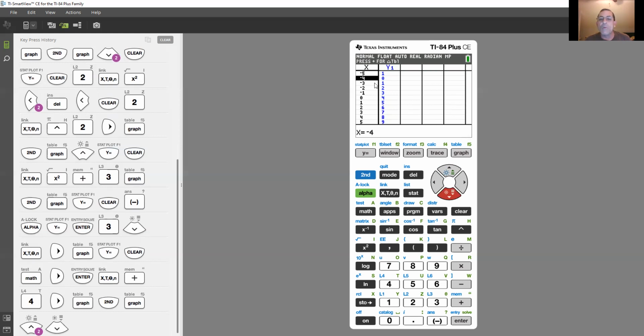And then remember, I only needed one more point. So I'm going to come down here and plot -3, 1. If you wanted to plot a positive number, you could have come down here and plotted 0, 4 for your second point, or 1, 5. You could have plotted any of these negative numbers for your second point.